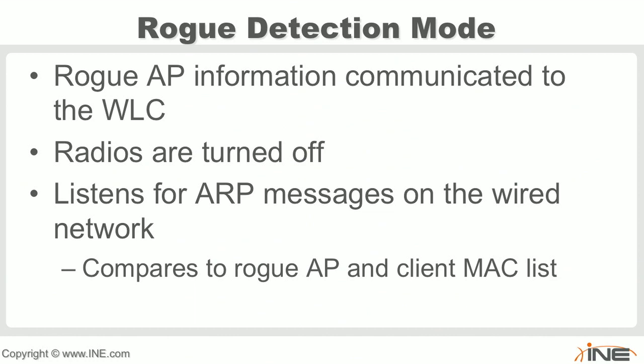There's also something called rogue detection mode. Okay, so this is basically the radios are turned off. If the radios are turned off, what are they used for? Well, they're used for listening on that local switch that they happen to be connected to. This is kind of an expensive mechanism, since the radio, what it's built to do, send and receive radio waves, is turned off.